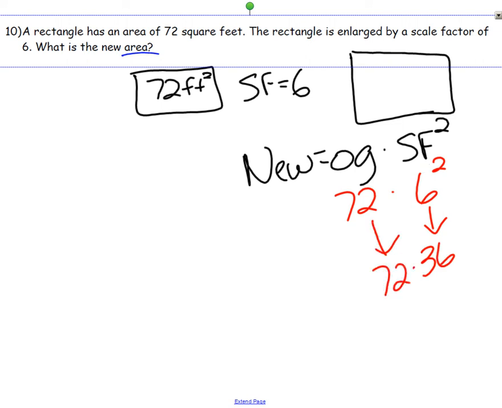So we just need to know what is 72 times 36. We get our answer. If you're saying, why is that answer so big? You think, well, if we increase by a scale factor of 6, that's getting a whole lot bigger. So you're saying every one of our side lengths is getting 6 times as big. Is that right?